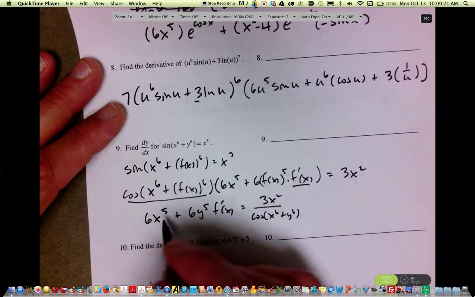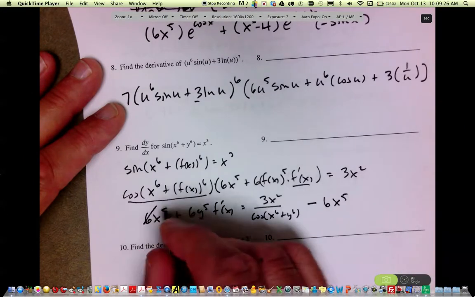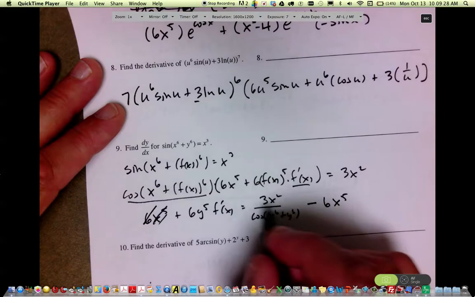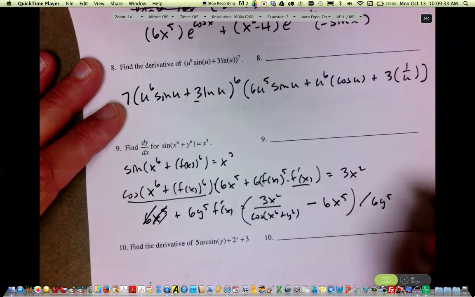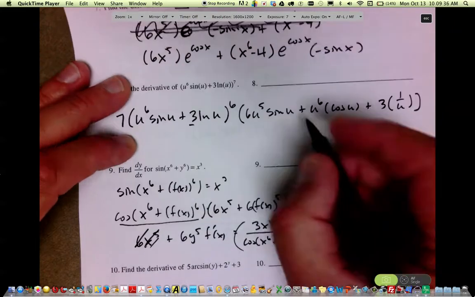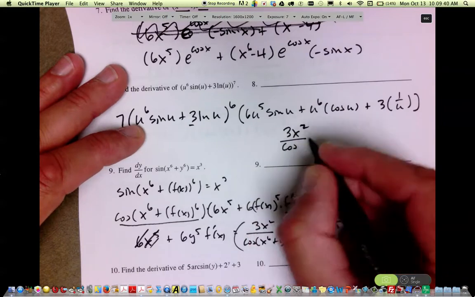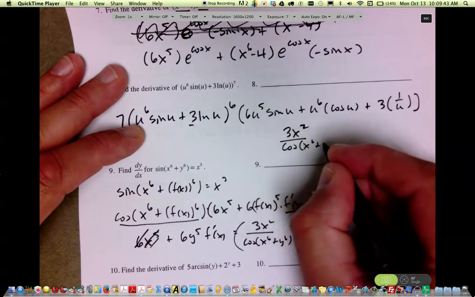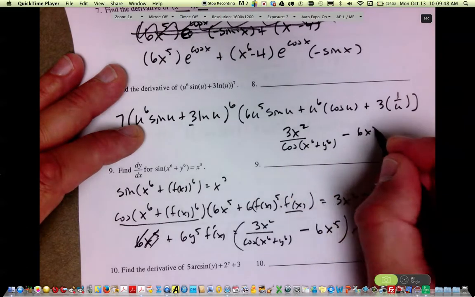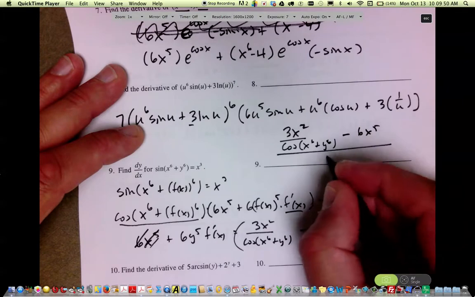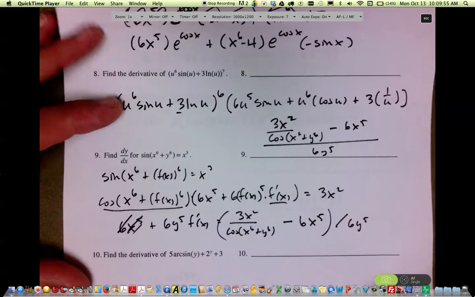Then I'm going to subtract 6x to the 5th from both sides, so this term will be gone, and then divide all of that by 6y to the 5th. So my answer is going to look kind of messy, but it's 3x squared over cosine of x to the 6th plus y to the 6th, minus 6x to the 5th, and then all of that divided by 6y to the 5th. And don't worry about simplifying that at all.